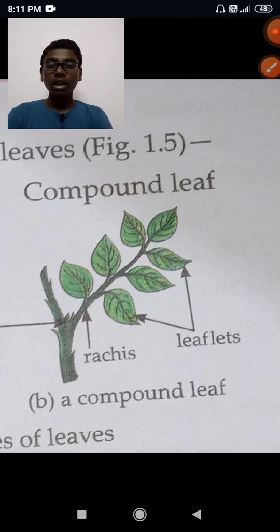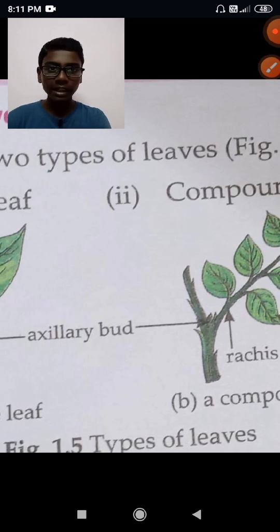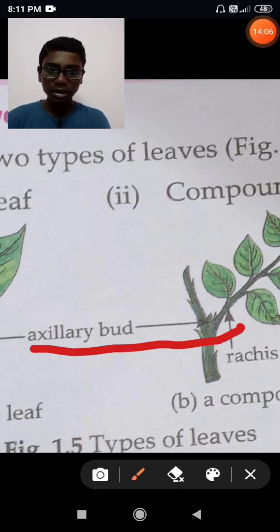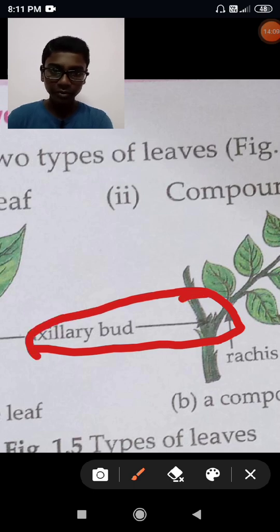Over here the axillary bud is not present in the axil, meaning the place where actually the axillary bud is present is something different in case of a compound leaf. Over here, this is the axillary bud place. You can find this part to be the axillary bud place.